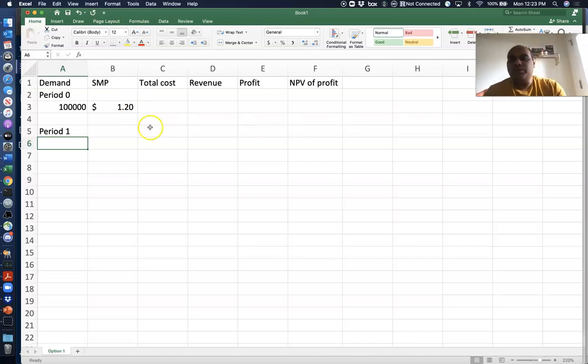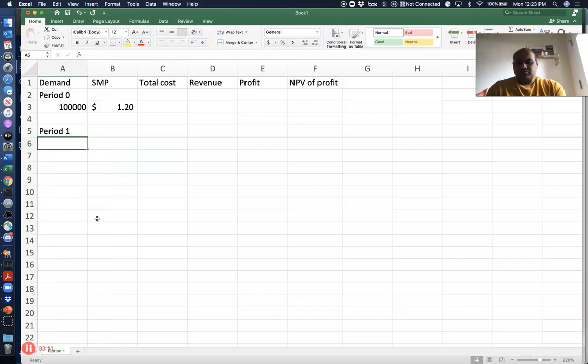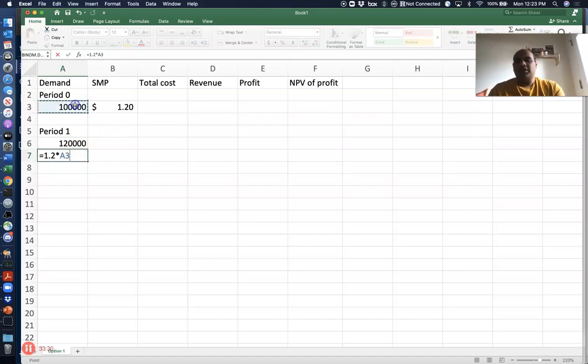So demand can go up 20%, so it'll be 1.2. Demand can go up by 20%. And the same goes here. Demand can go up by 20%. Why am I writing it twice? Because demand can go up by 20% and spot market price also goes up by 10%.